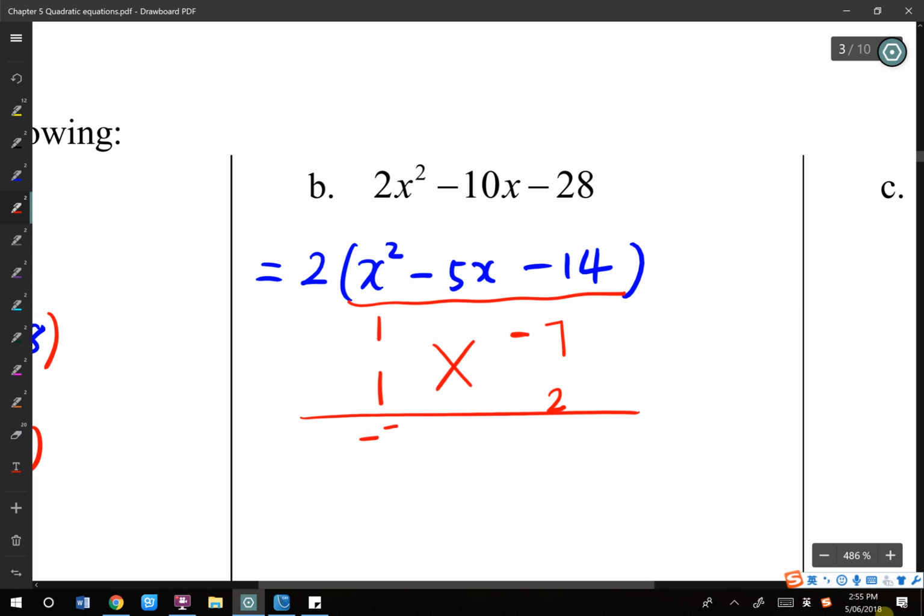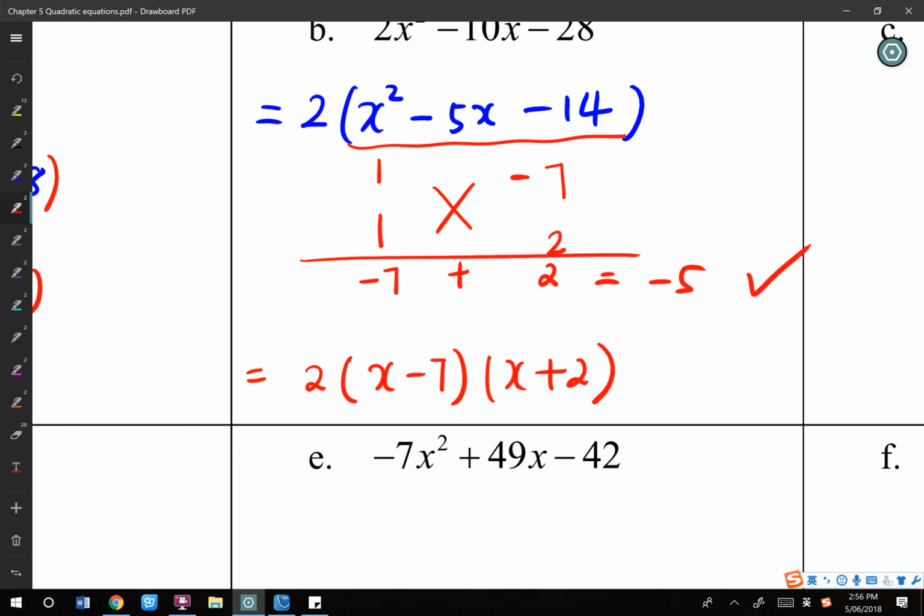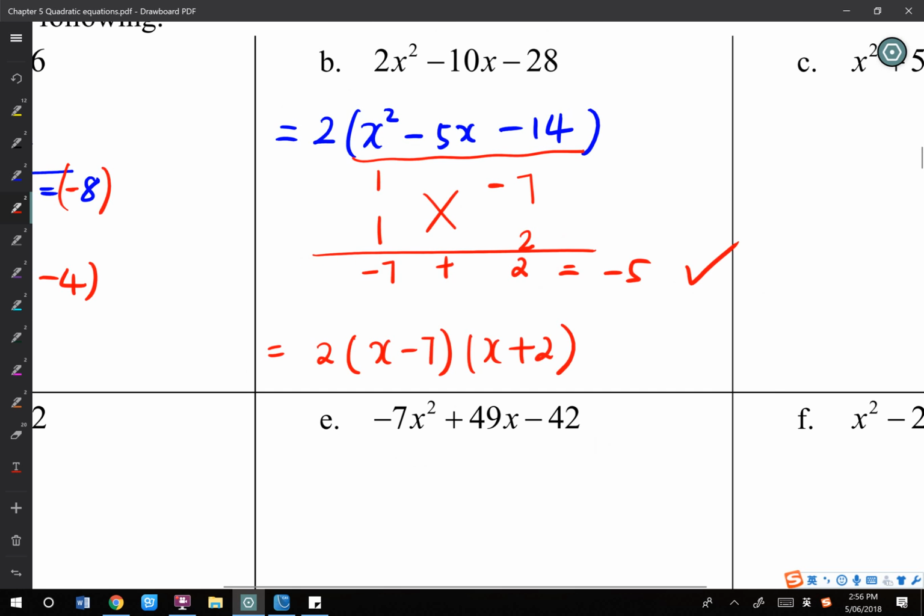Negative 7 plus 2 gives me minus 5. It's a tick. So now the answer is 2 times x minus 7 and x plus 2. You read it horizontally: x minus 7 and x plus 2. That's very easy to factorize.